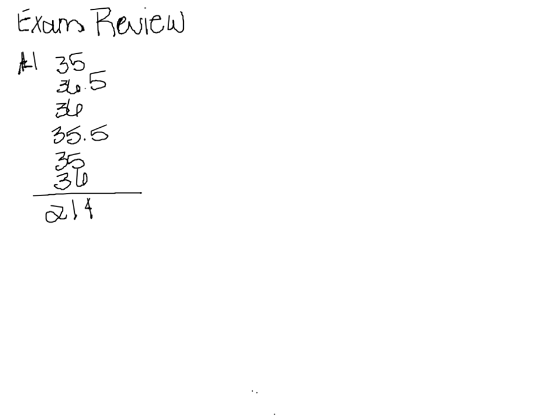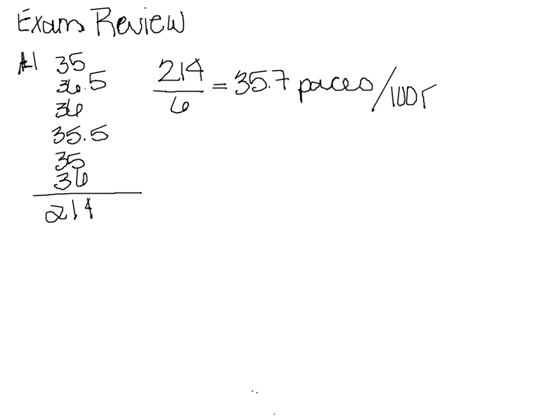There were 6 attempts, and I believe the question told you that they paced 100 feet. So 214 divided by 6 is equal to an average of 35.7 paces per 100 feet.